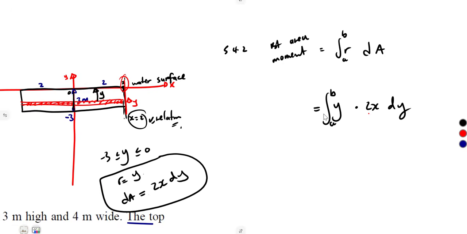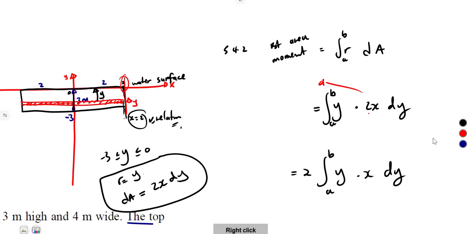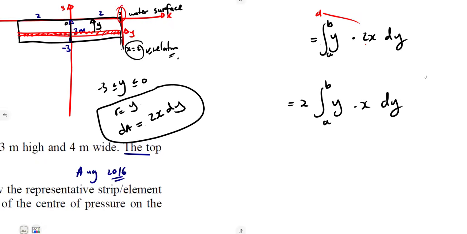Just like the previous case, take the 2 outside. That is going to give us 2 times the integral of y times x dy, from a to b, where our x is 2. We can substitute that x, which is 2. Whilst we are substituting the x, also put the limits -3 to 0.